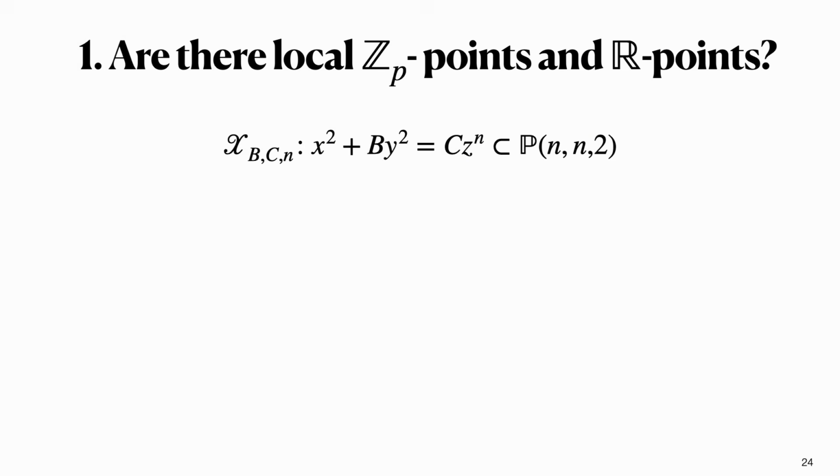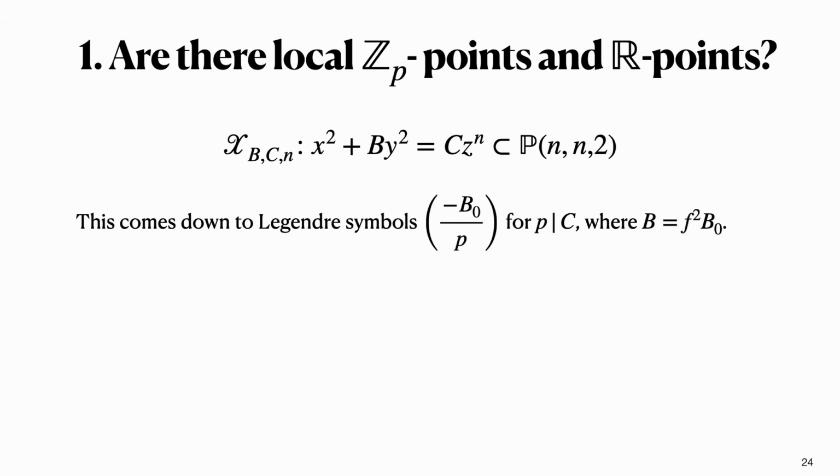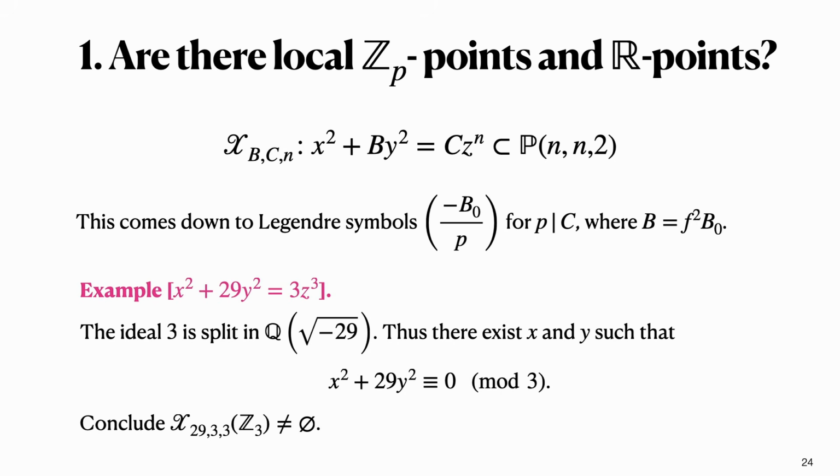Let me start with, are there local Z_p points for all primes and real points? And in this case, the answer just has to do with Legendre symbols. It's not that hard to compute when this happens, and I just want to give you an example in which we can conclude that they do have points.